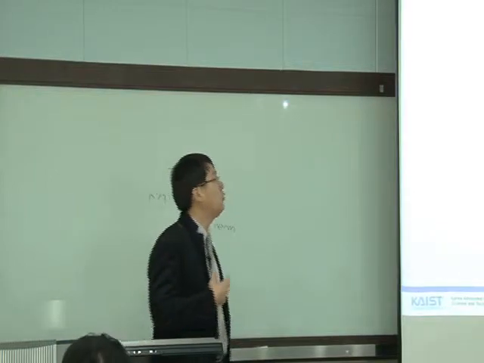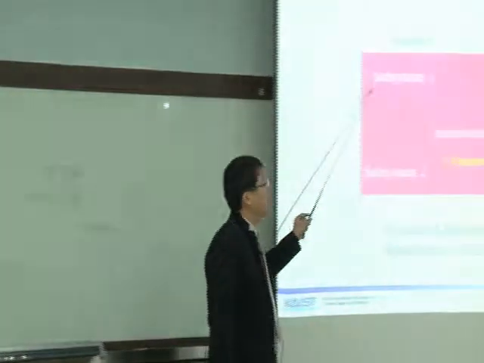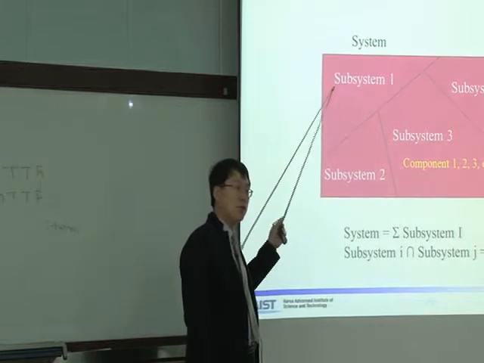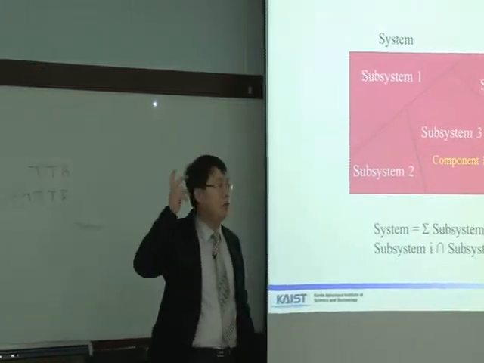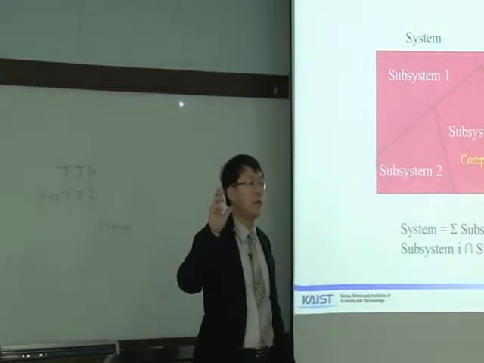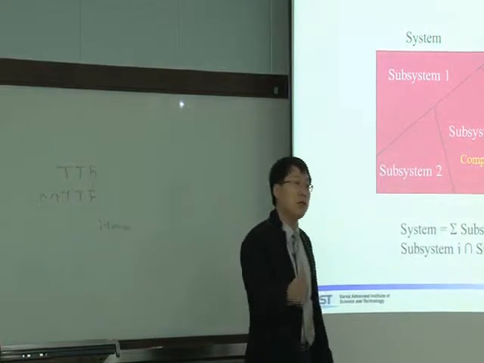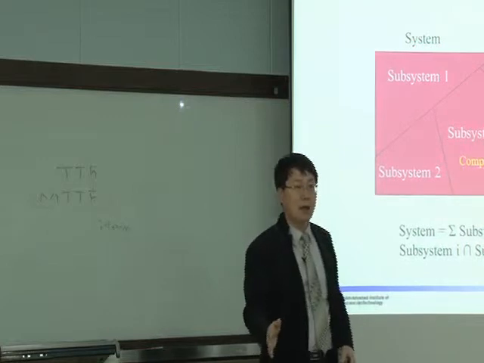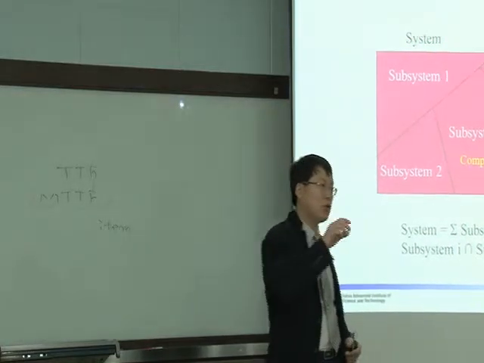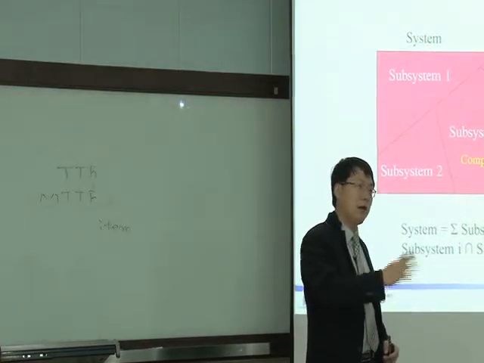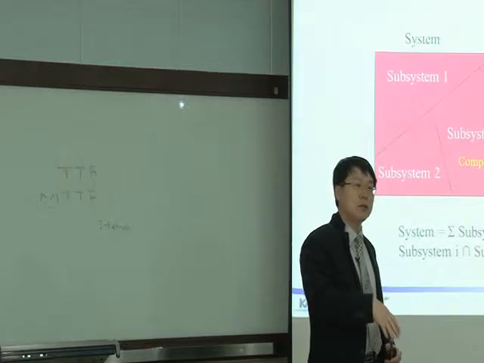We use the term subsystem because our brain is not that smart, so it is convenient for us to divide the whole system into subsystems. Then we focus on a subsystem and it breaks down into components.